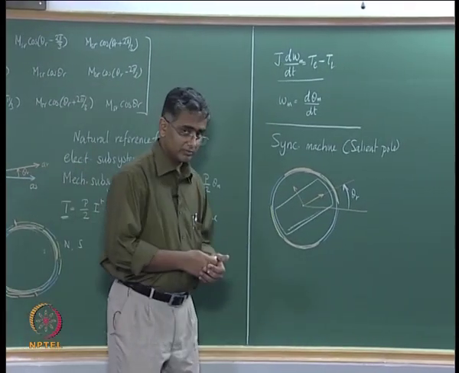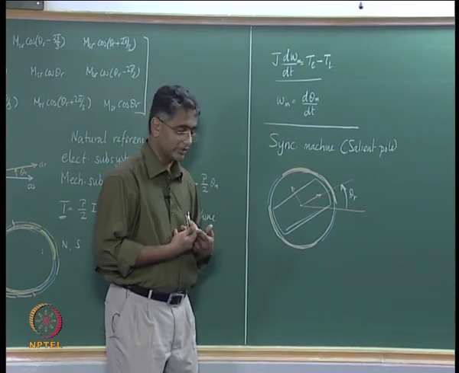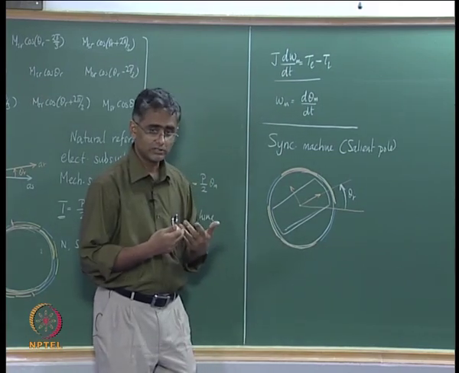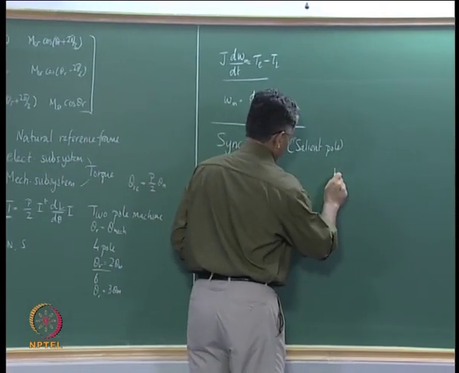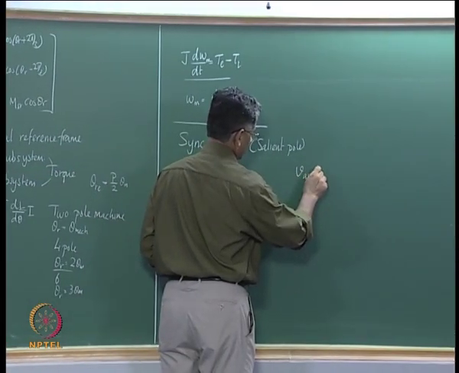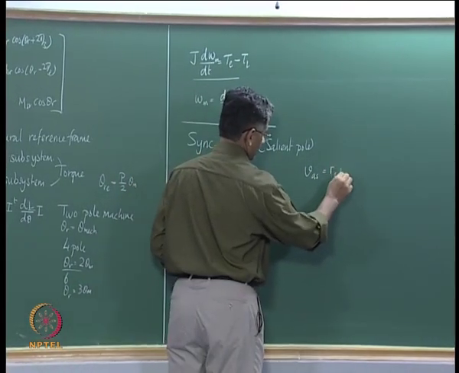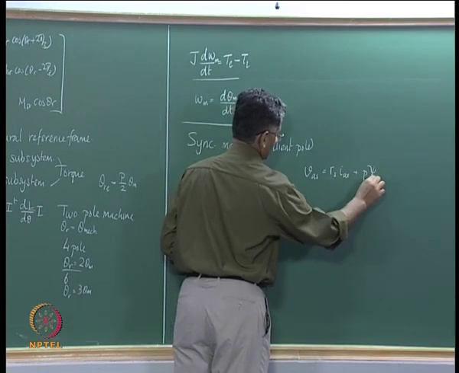So, with this system we need to now start writing the system equations, in a similar manner to what we did for the induction machine. The starting point is always VAS is equal to RS into IAS plus P times psi AS.